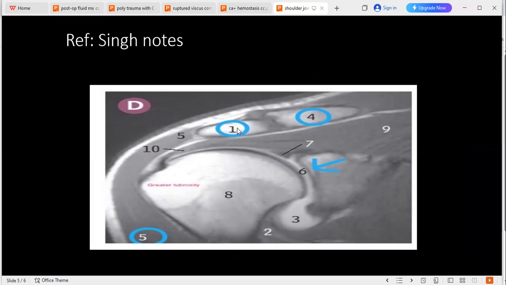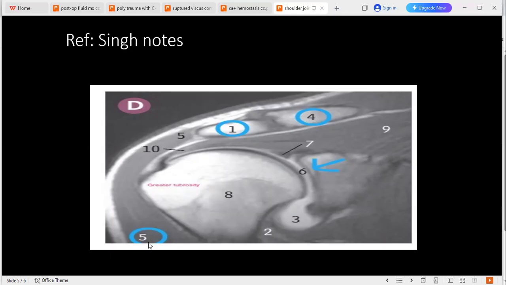One is the acromion process. Four is the lateral end of the clavicle. Six is the glenoid cavity. Five, deltoid muscle. Please tell me what are the indications to ask for this kind of imaging?